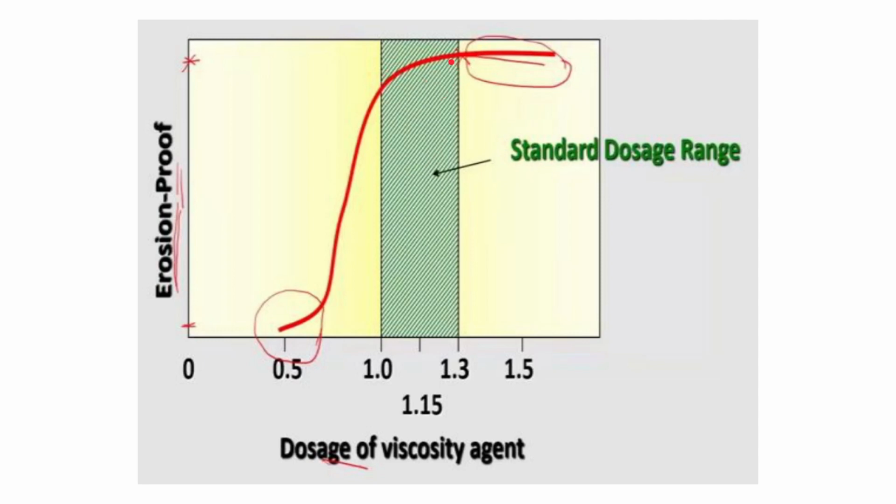But if it is greater than 1.3, there will be no segregation, but the material cost is very high, which leads to uneconomical construction. So between economy and no segregation, we have to find the standard dosage.